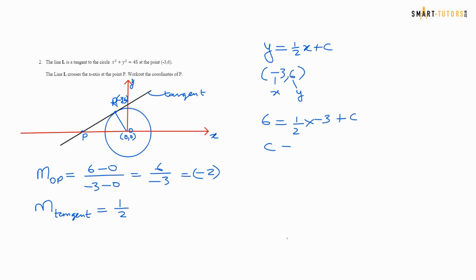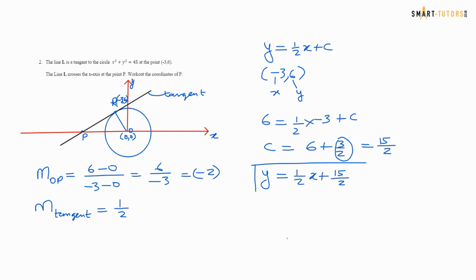So c equal 6 plus 3 over 2. So 1.5, this one 1.5, so 7.5, so 15 over 2 is c. So the equation is y equal half x plus 15 over 2.